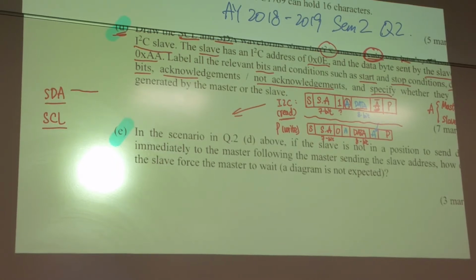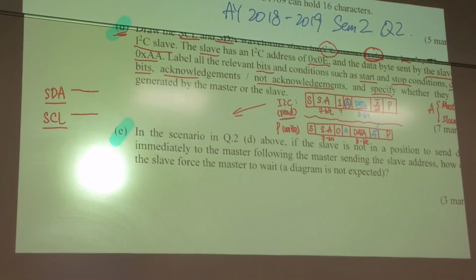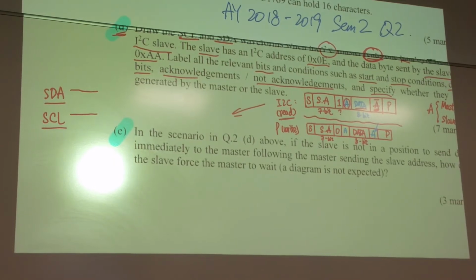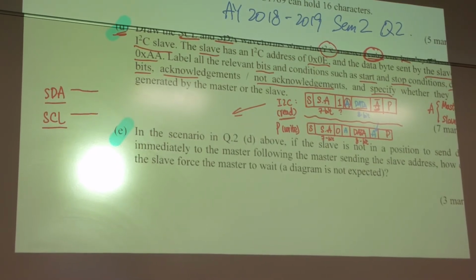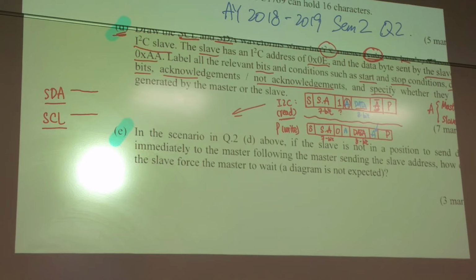High. Remember, all your I square C devices are open drain devices. It means if the device is not talking, it behaves like a high resistance, just like an open loop, as if the device doesn't appear at all. So if no one is talking, you have a 1.